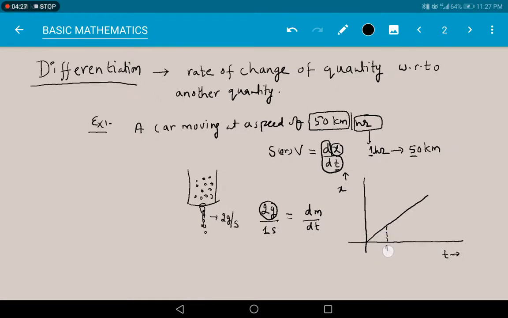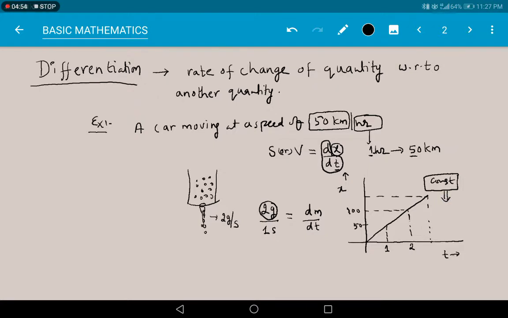Suppose in the first 1 hour 50 kilometers, in the next 1 hour 50 kilometers. What does it mean? The rate of change of the physical quantity is constant. When there is a constant change, we need no differentiation. So directly we can get the relation.